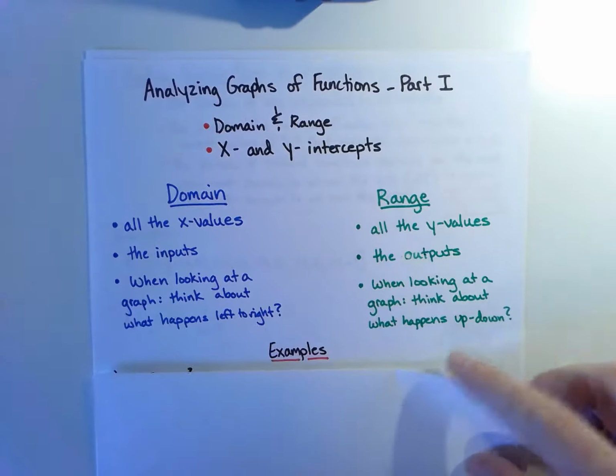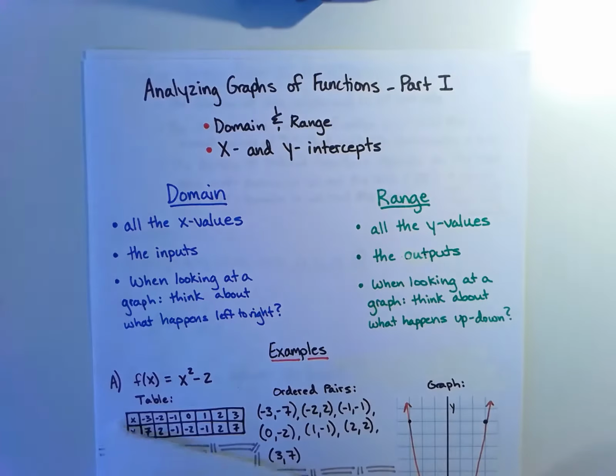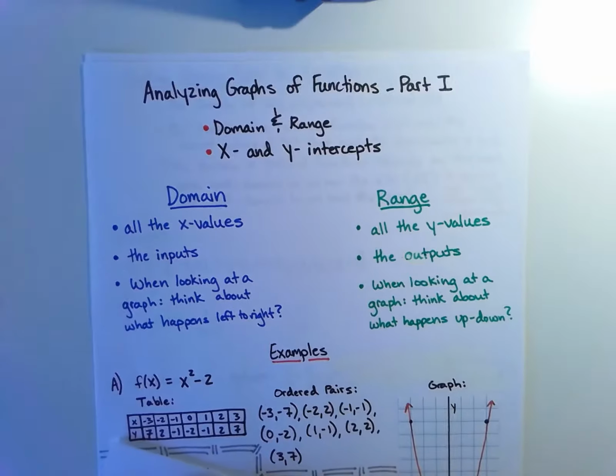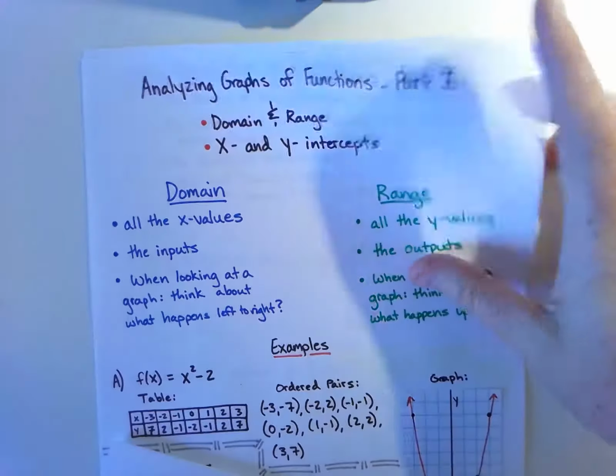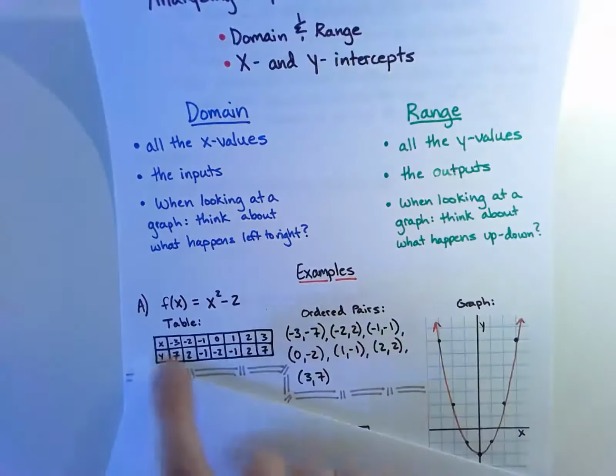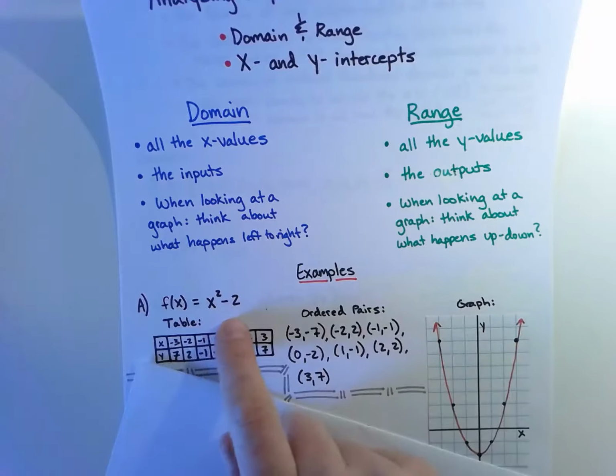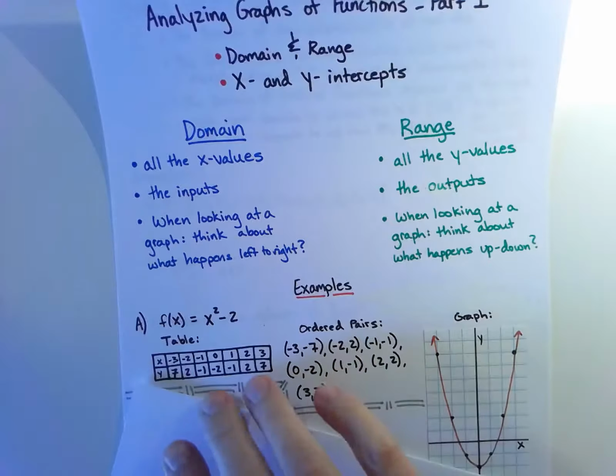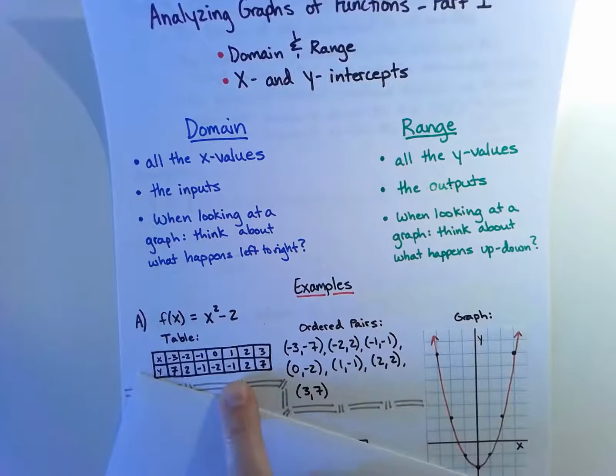So 2 good examples right here. I've tried to draw it all out for you. So letter A shows you a function f of x equals x squared minus 2. And I just wanted you to see that you could be given a table of values, you could be given the equation, you could be given a set of ordered pairs, or you could just be given the graph.